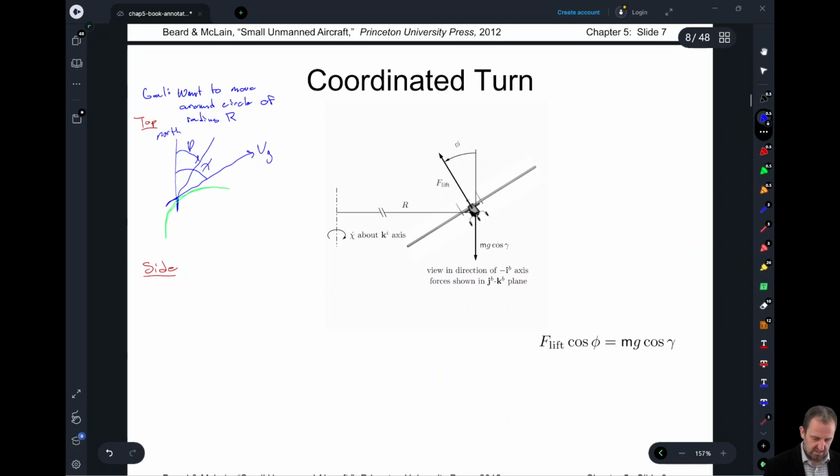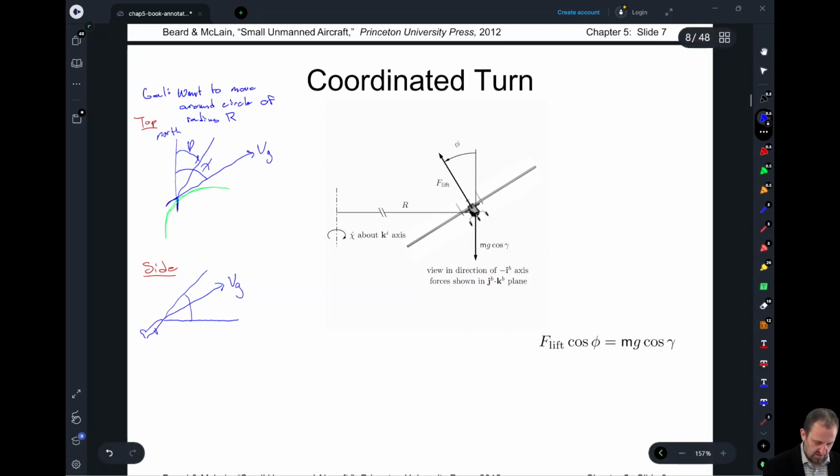we can say we have our aircraft, beautiful aircraft. We have where out the nose of our aircraft, where that heading is. In this case, we're looking at our pitch. And then we have our V sub G, so where we're actually moving.